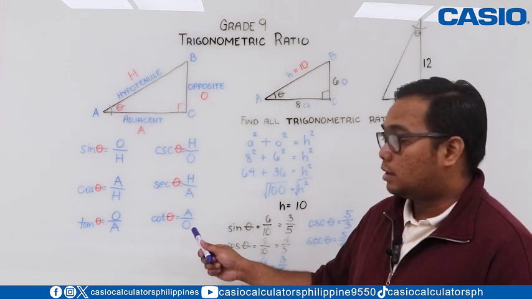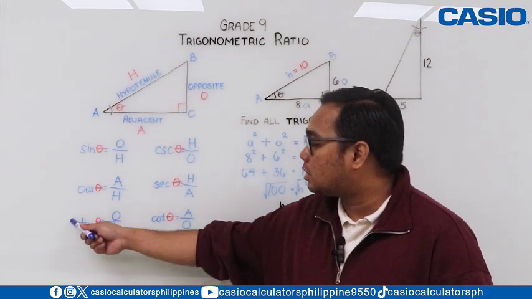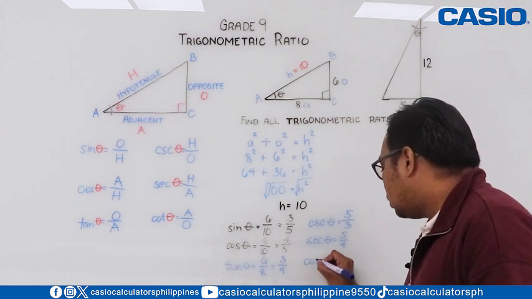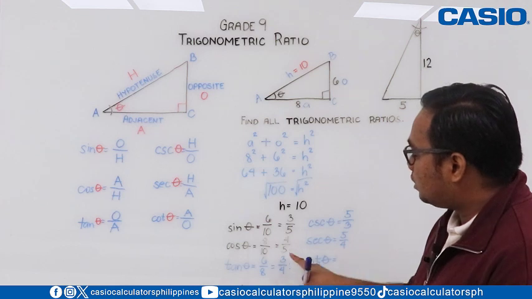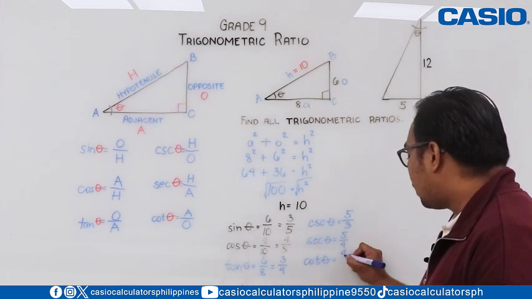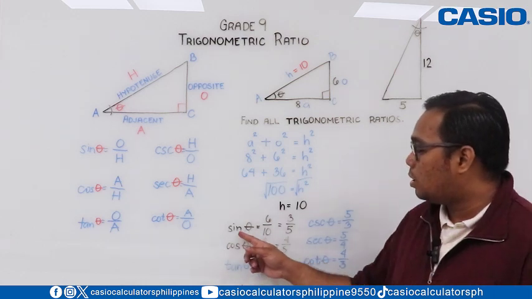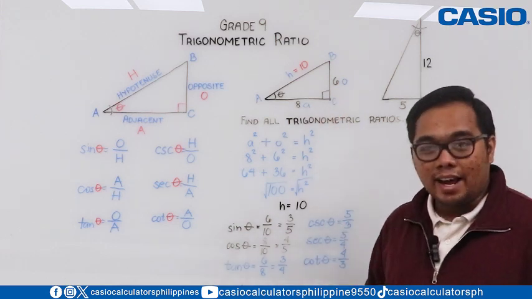So we can get the inverse of tangent theta, or the reciprocal of tangent theta, to get our cotangent. So cotangent theta is the reciprocal of tangent and our tangent is 3 over 4. Therefore, our cotangent is 4 over 3. Now we have all our 6 trigonometric ratios for this triangle.